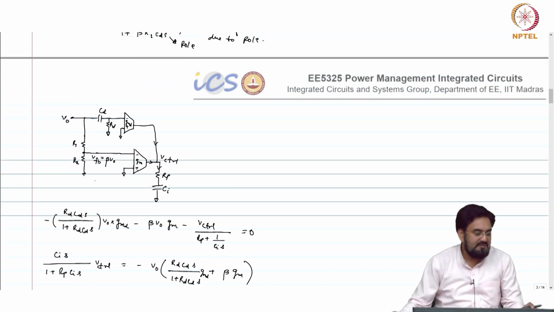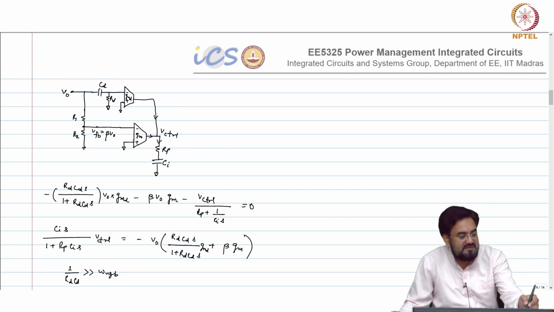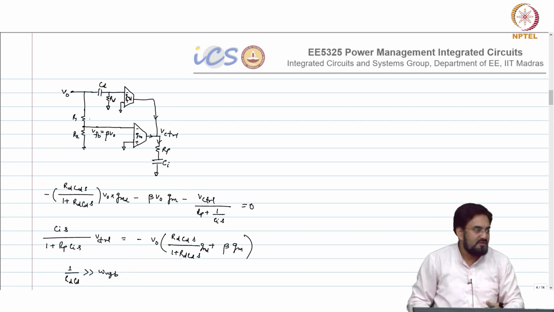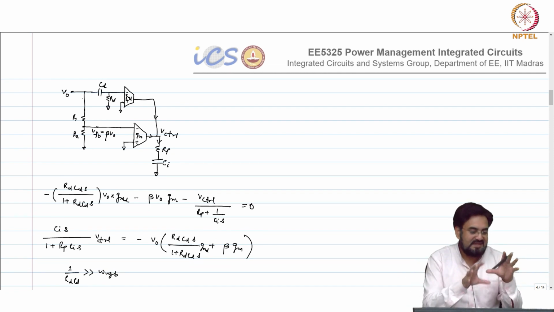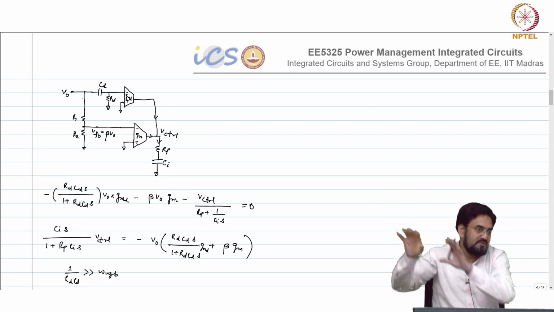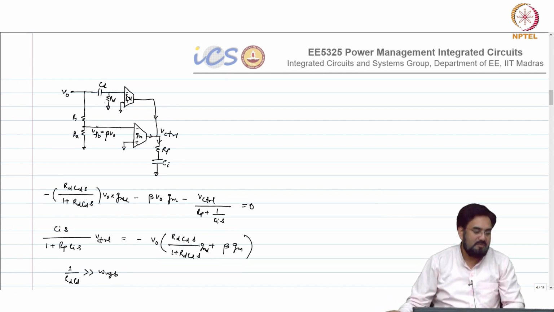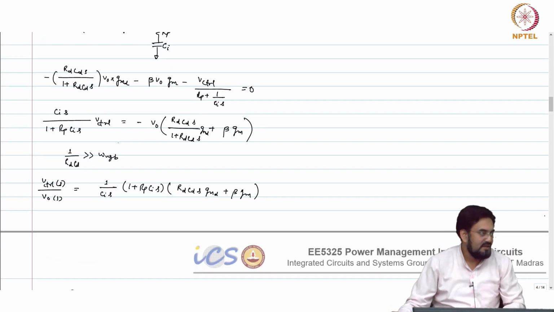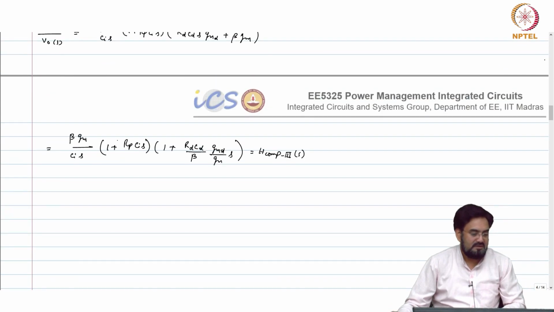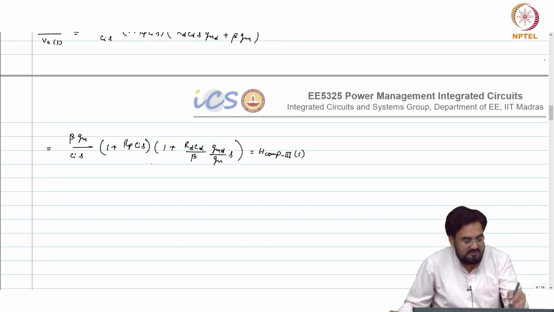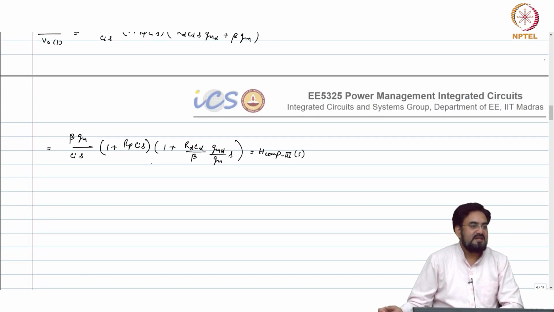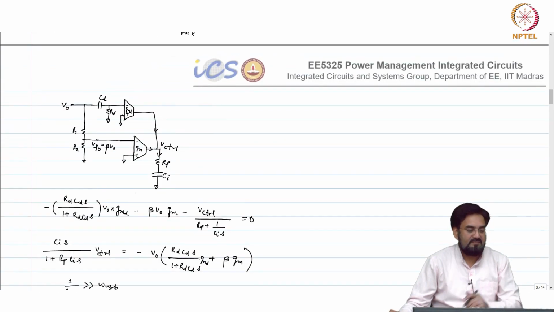Now we don't have to add any beta here because I am looking at the transfer function from V out. If let us say I was looking from VFB, then additional beta you have to include, but since I am looking from V out, this is exactly the same transfer function which you got in the op amp. In the op amp also we calculated V control over V out, here also we are controlling V control over V out. So the first 0 is 1 over RPCI, this will not change.